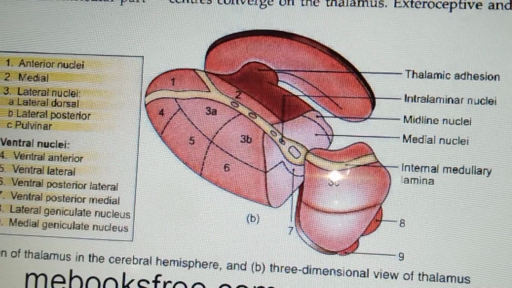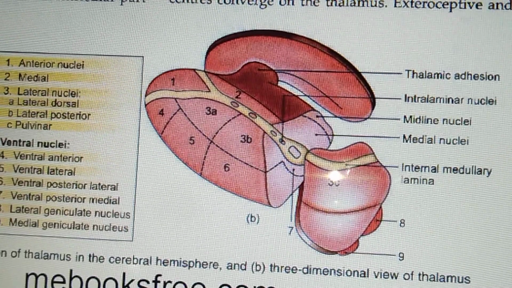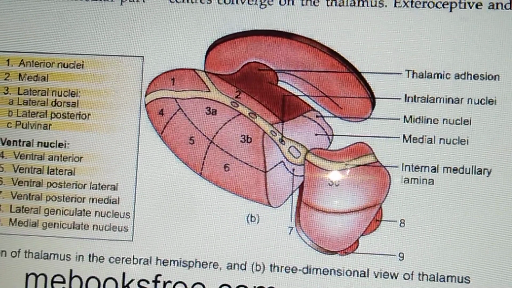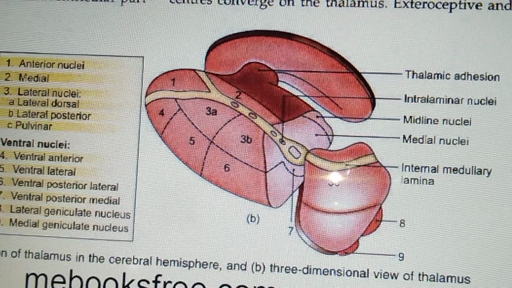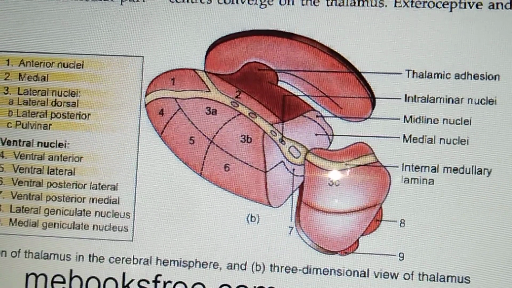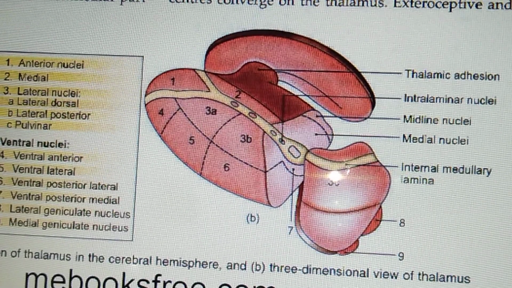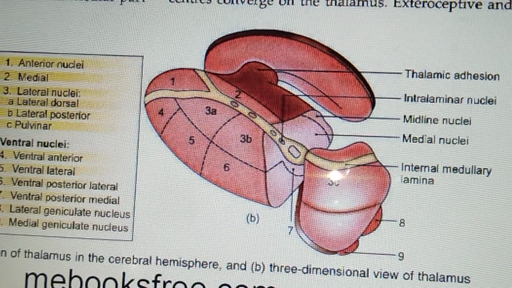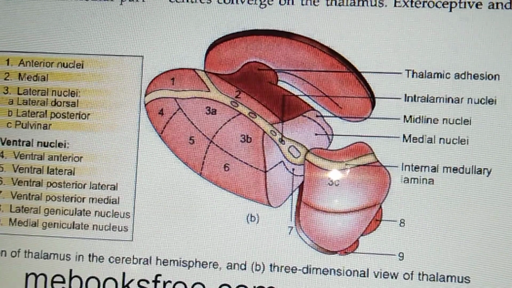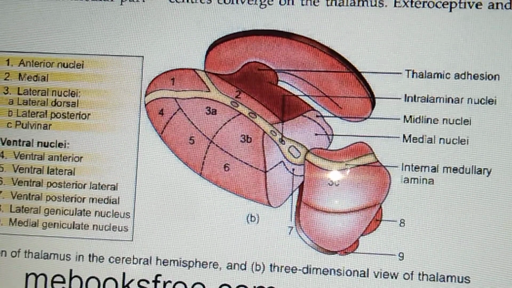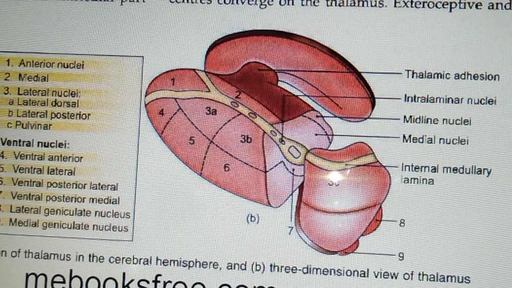Now the afferents have come, right? The information has come, the information has been integrated. So now the next step is that the efferents have to go. So this information is projected to almost the whole of the cerebral cortex through the profuse thalamocortical projections.